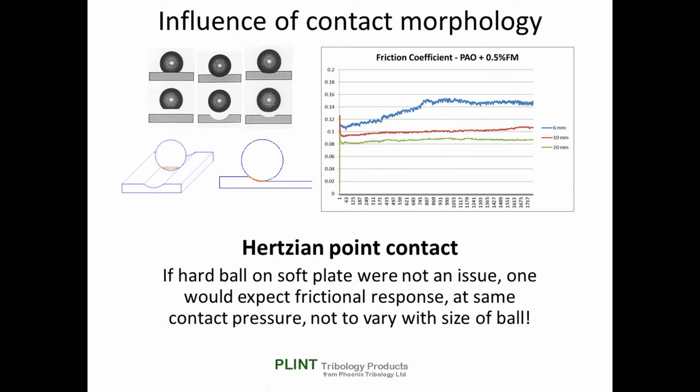What effect this change of contact geometry has on frictional response is not clear or readily analysable. If hard ball on soft plate were not an issue, one would expect the frictional response at the same contact pressure not to vary with the size of test ball. It does.